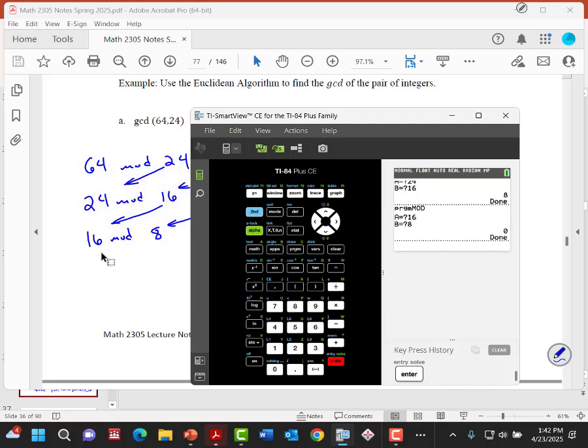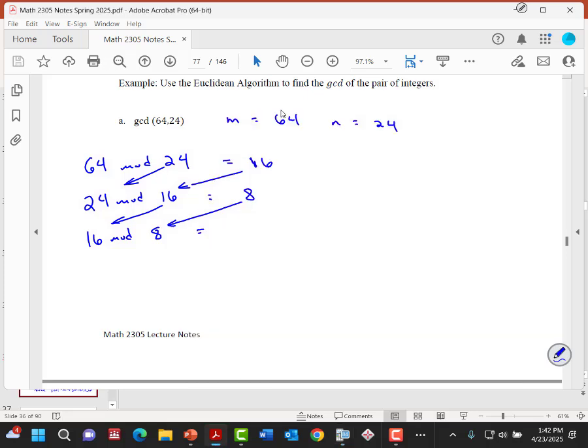The remainder upon division is 0. So the GCD of m and n in this case, or the GCD of 64 and 24, is this 8.